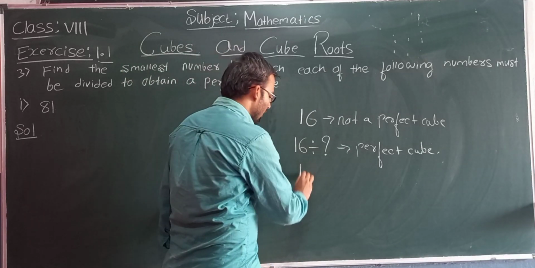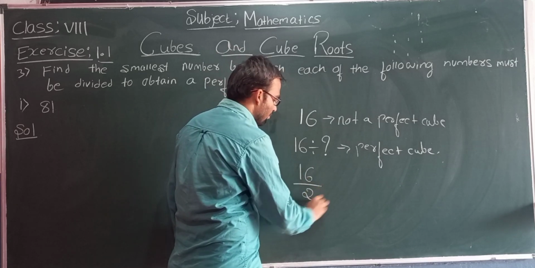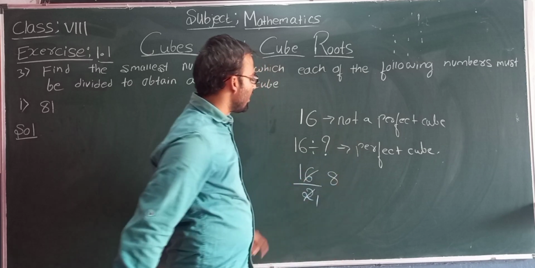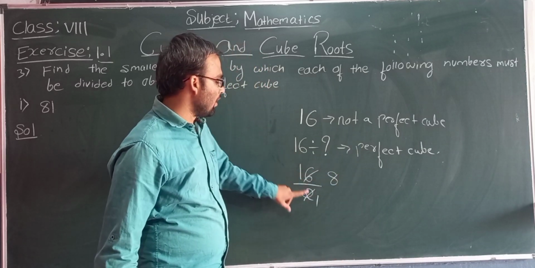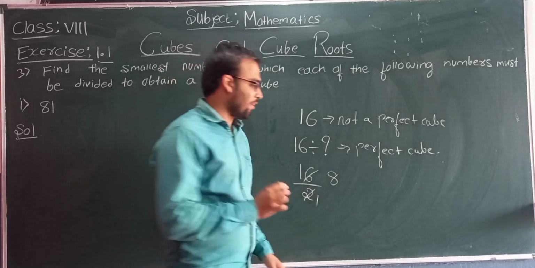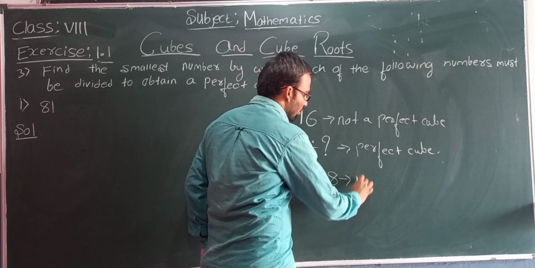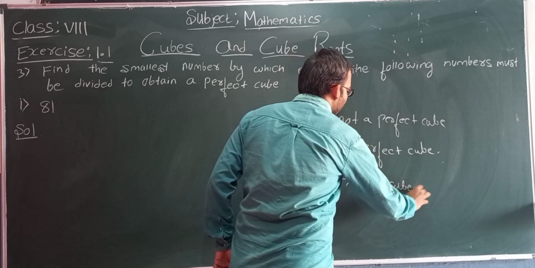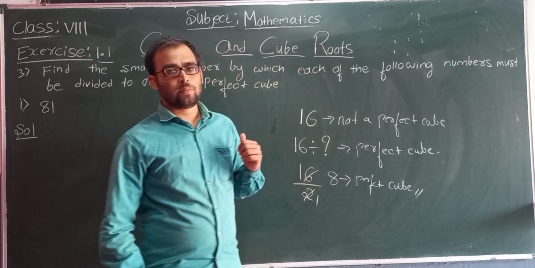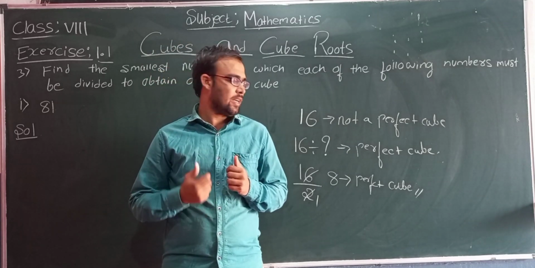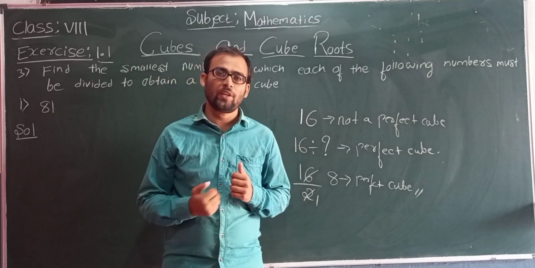For example, if we divide 16 by 2, we get 8. 8 is a perfect cube, no? So in this way, here they have given some numbers and we need to find the number by which, when divided, they will become a perfect cube.